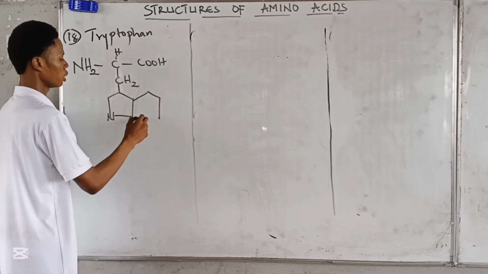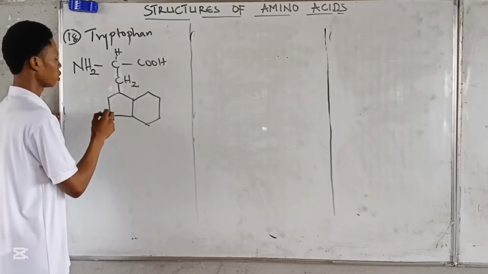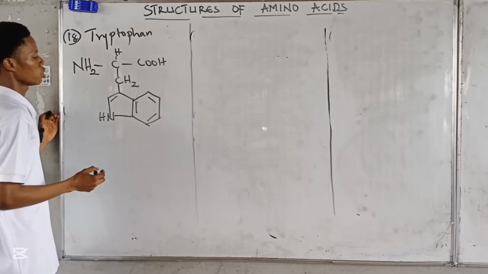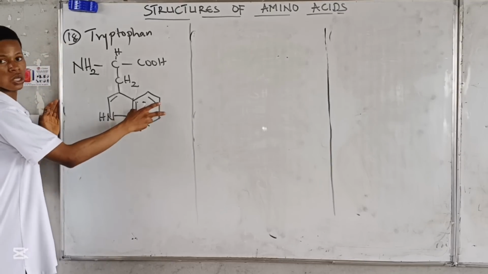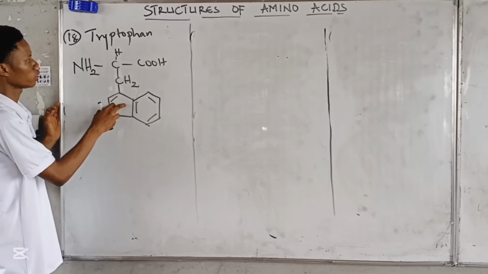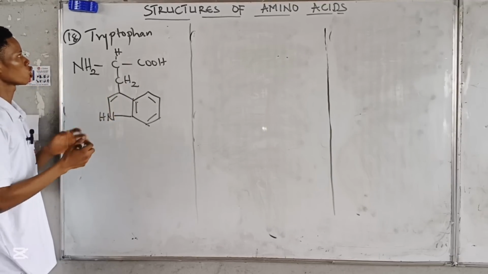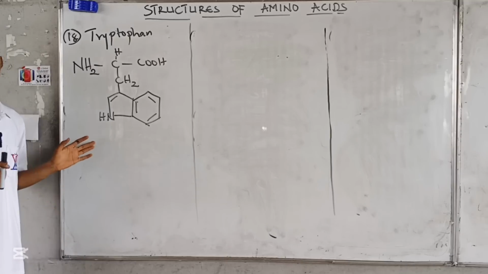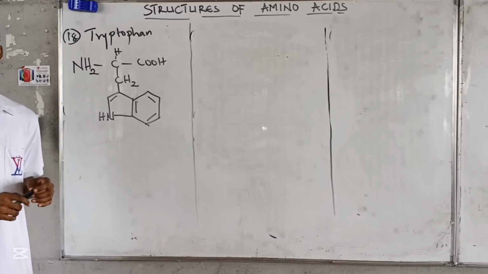One is 6-membered, one is 5-membered. If you notice, this is a benzene ring, right? A benzene ring attached to this 5-membered ring. This is the structure of tryptophan. I think that's all about the heterocyclic, right?